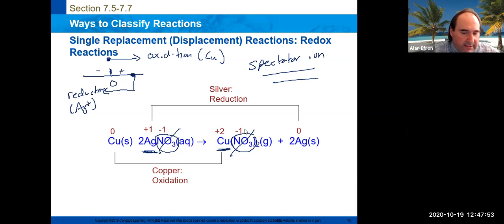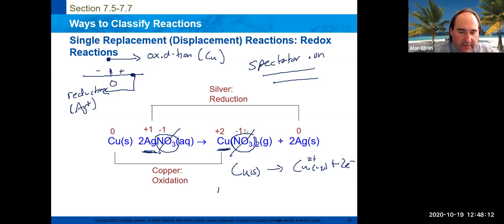So if we were to break this down, really what is happening here is we have our copper going to our copper with a +2 charge, and it is going to be losing 2 electrons.